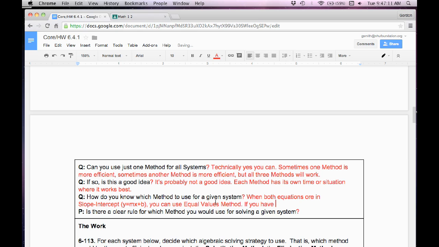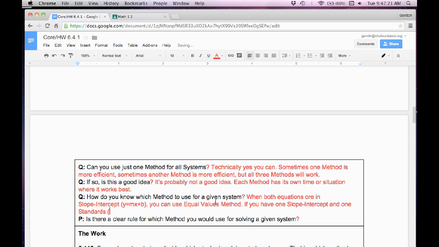If you have one slope-intercept and one standard, which would be ax plus by equals c, you should probably use, well, say that y is isolated in slope-intercept.